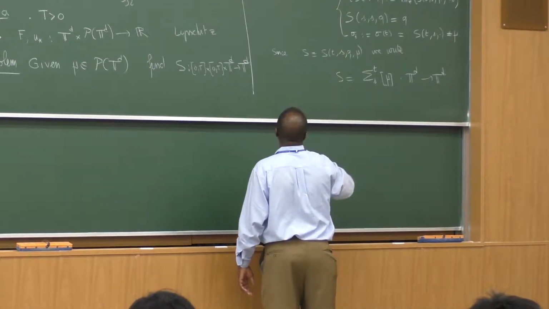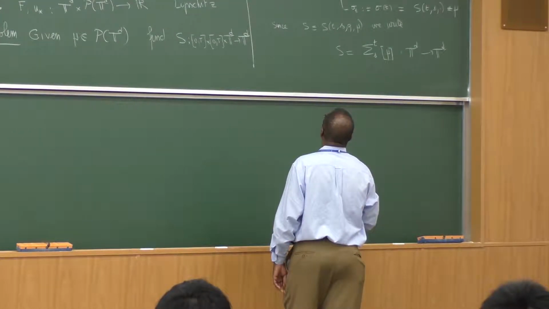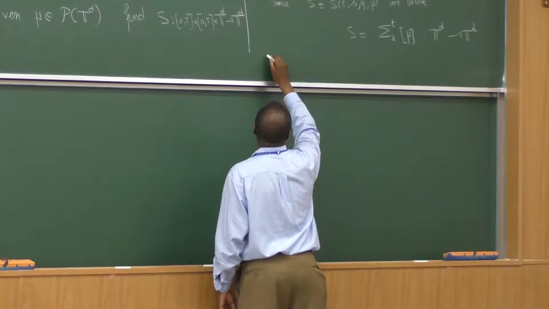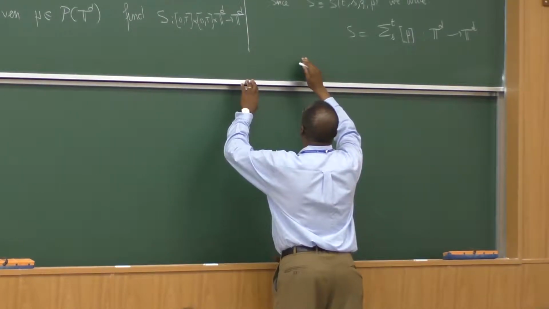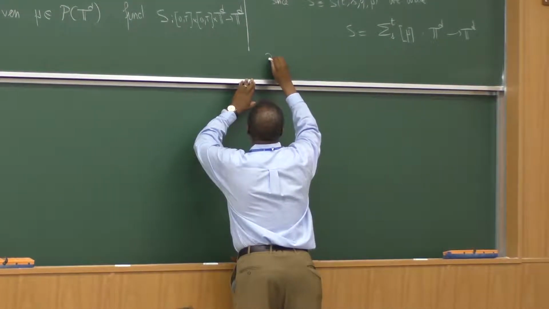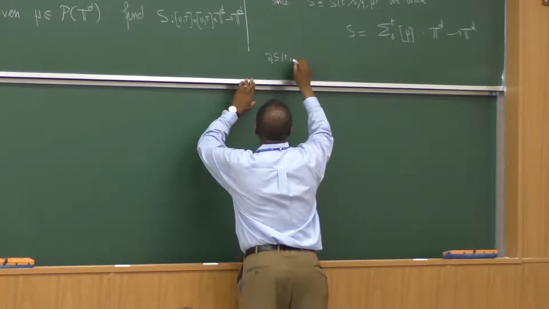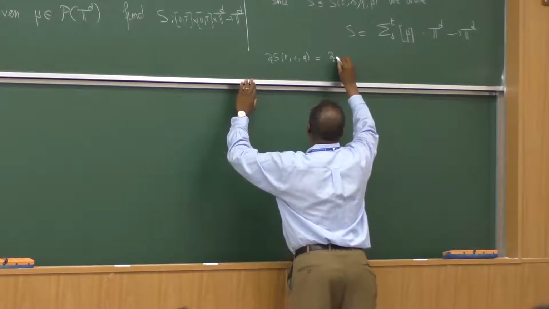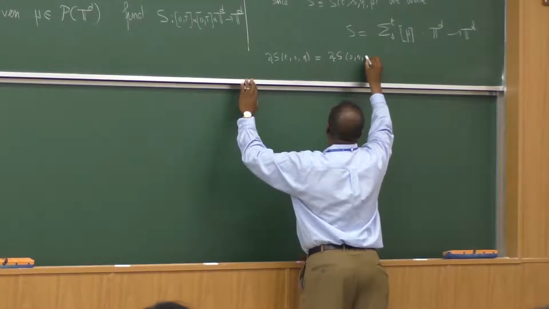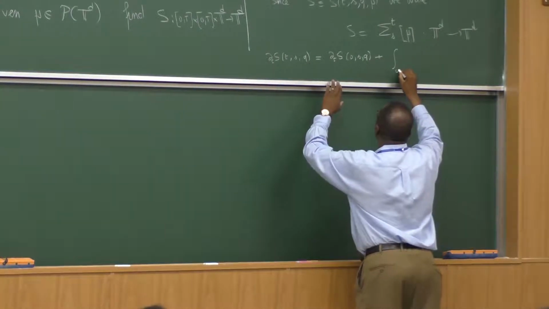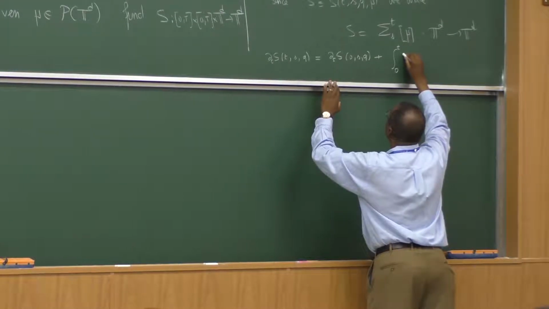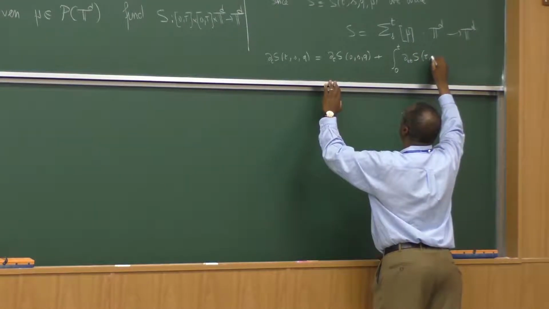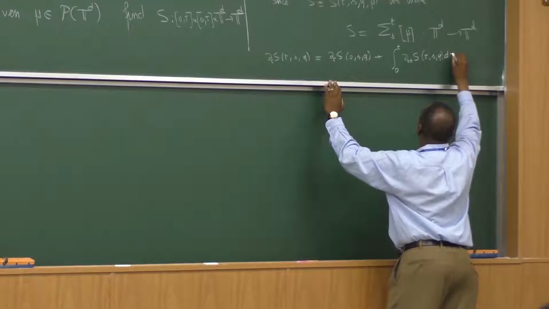If S satisfies that equation, then the derivative with respect to t of S of t, s, q is the derivative with respect to t of S at 0, s, q plus the integral from 0 to t of the second derivative of S of tau, s, q d tau.